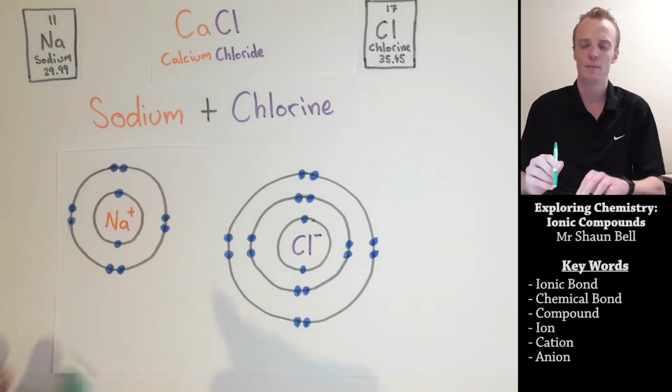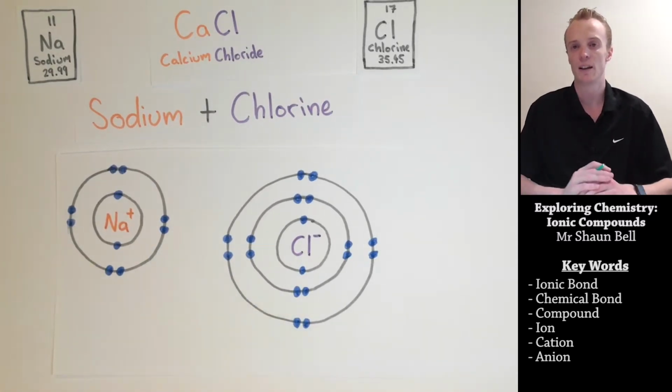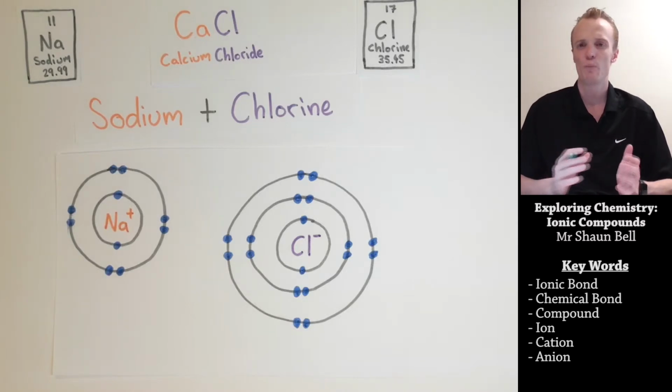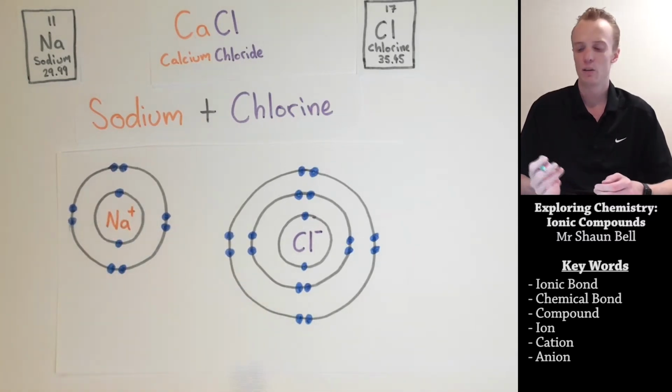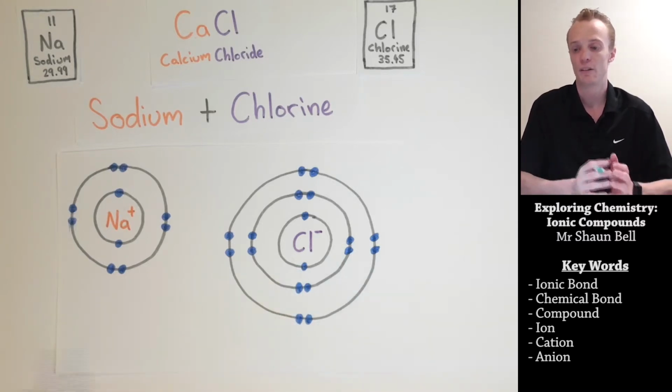Now that sodium has given away one of its electrons, it's got one more proton than electrons, so therefore it's formed a positive charge. The chlorine atom has gained another electron, so now the chlorine atom has one more electron than protons, so it's now got an overall negative charge, and we refer to it as chloride.